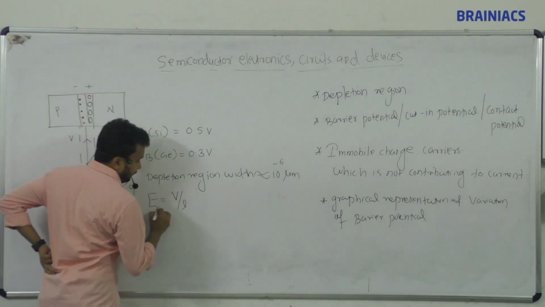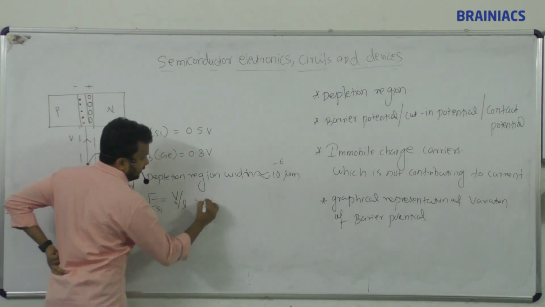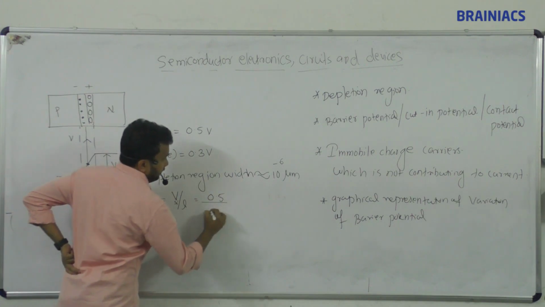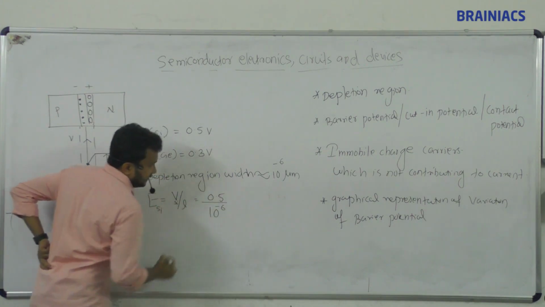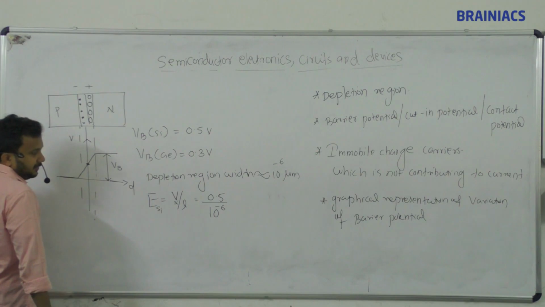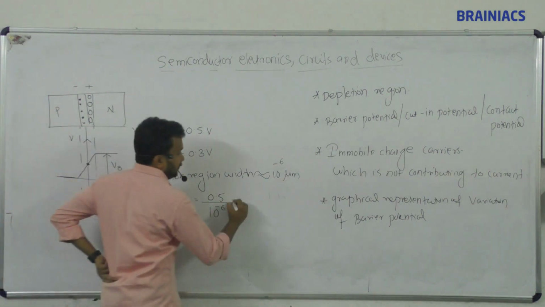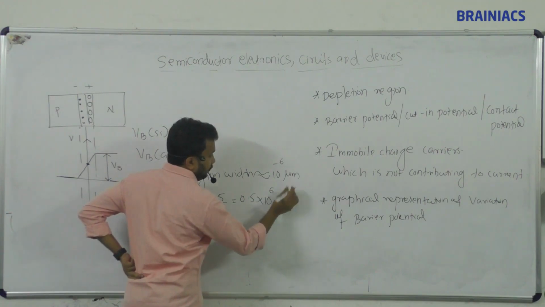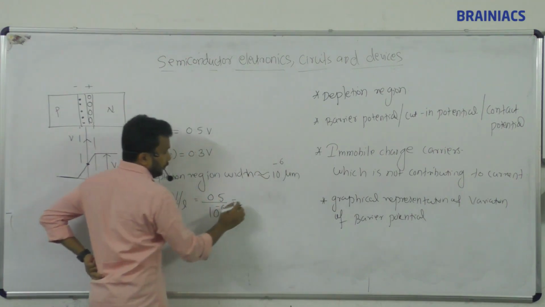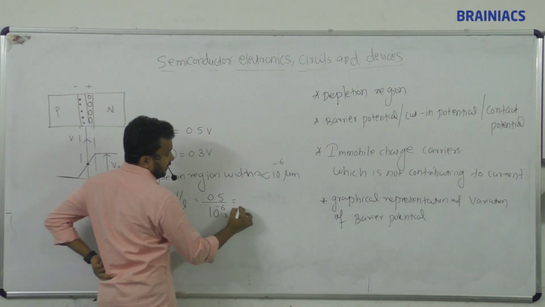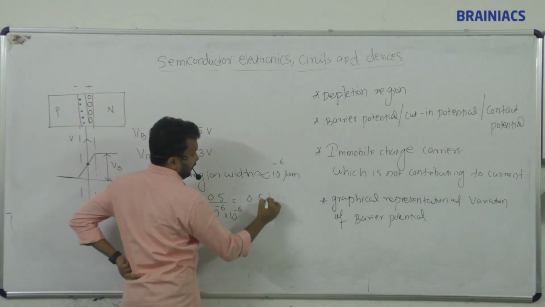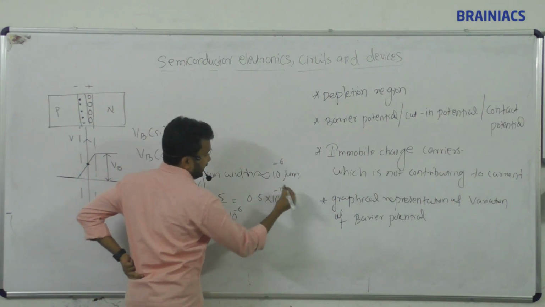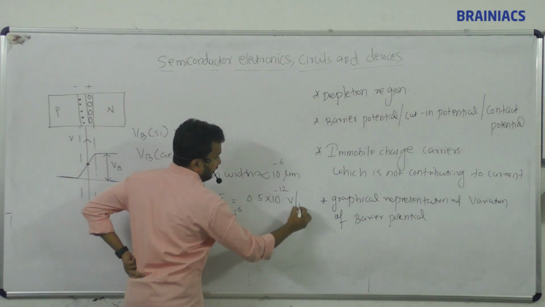So electric field for silicon: 0.5 divided by 10 power minus 6 micrometer. So how much will come? 0.5 into 10 power 6 per micron; we have to convert to meter, so 10 power minus 6. So 0.5 into 10 power 12 volt per meter.